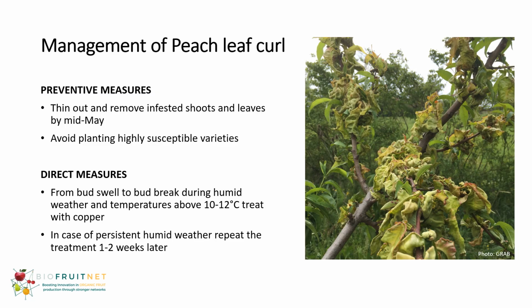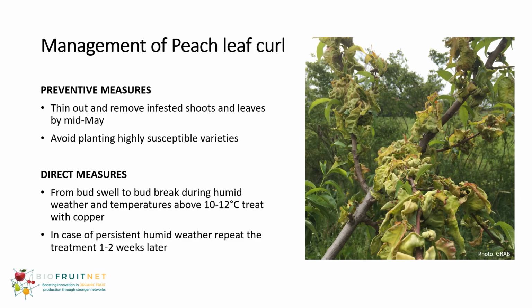To reduce the infestation pressure, thin out and remove infested shoots and leaves by mid-May. Avoid planting highly susceptible varieties. Generally, an early treatment with copper from bud swell to bud break during humid weather and temperatures above 10 to 12 degrees Celsius is effective.